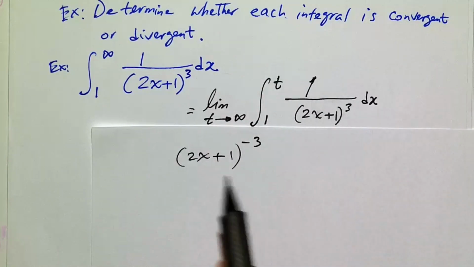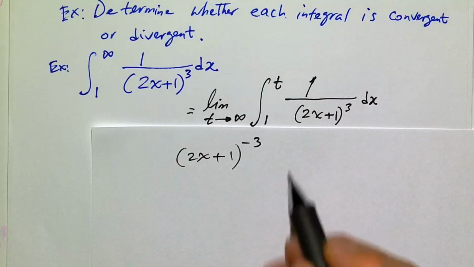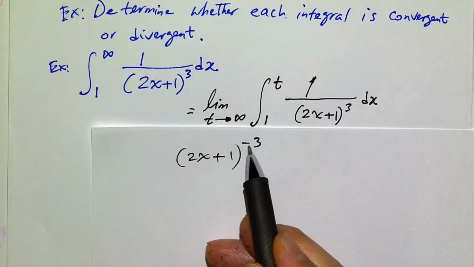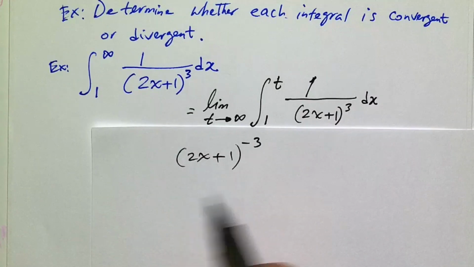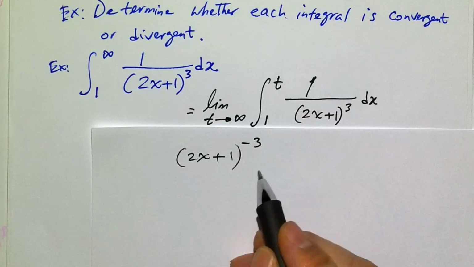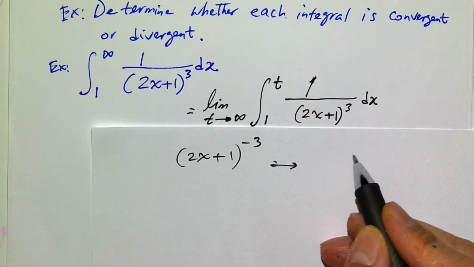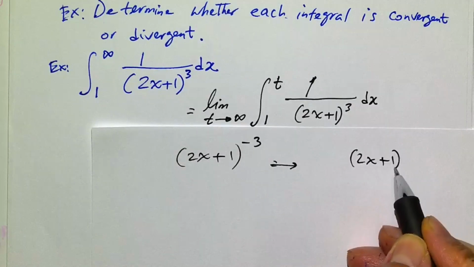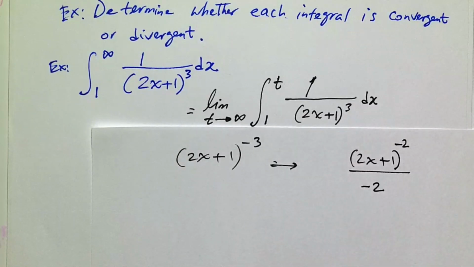Now, if we want to integrate this, we learned a long time ago that we can just add 1 to this power and divide the whole thing by the new power. So we get (2x plus 1) to the negative 2 divided by negative 2, right?